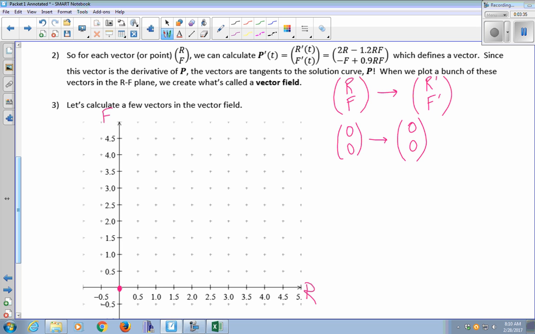And then let's do, say, 1, 1. So that would be 2 minus 1.2 is 0.8. And negative 1 plus 0.9 is negative 0.1.